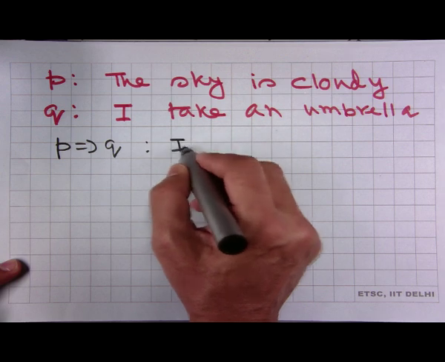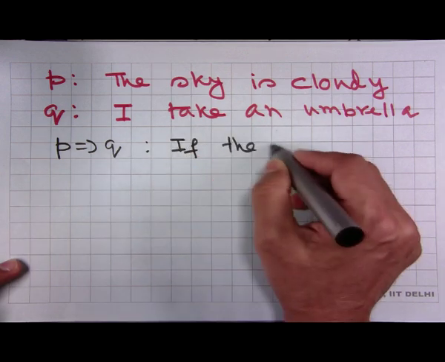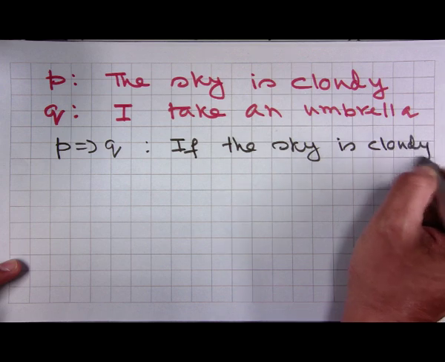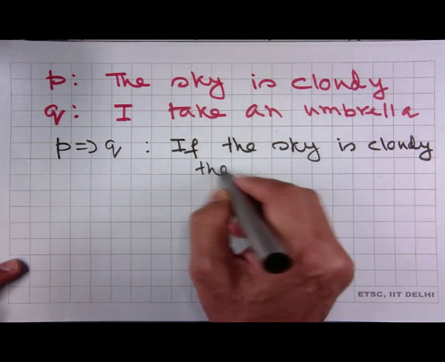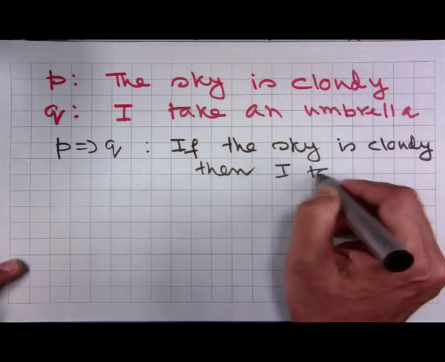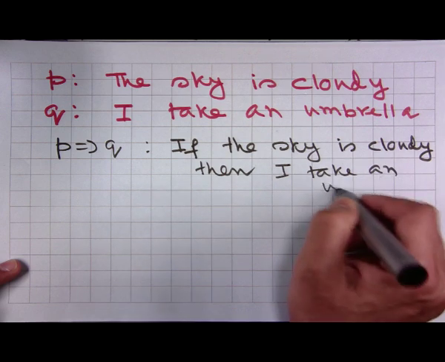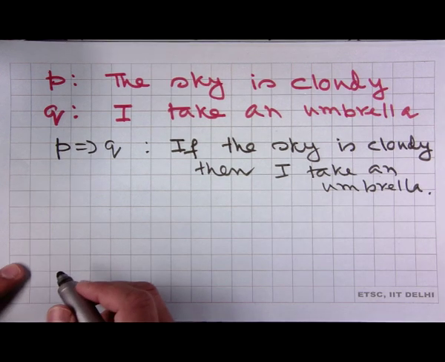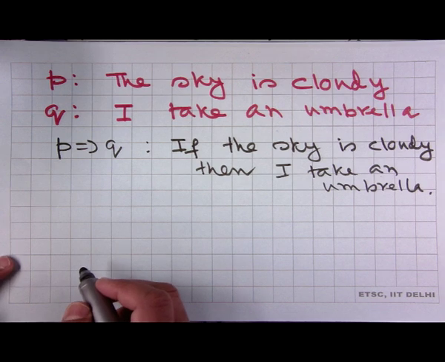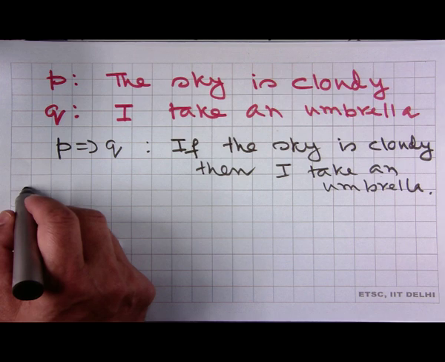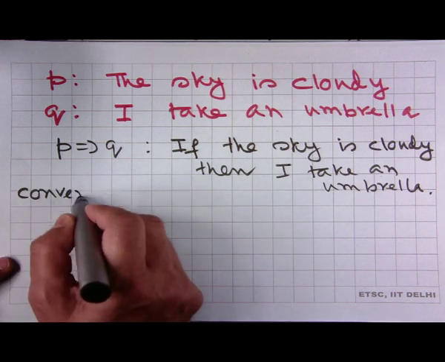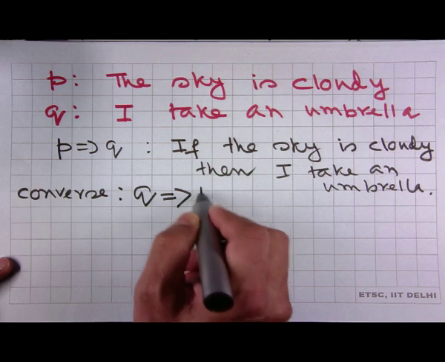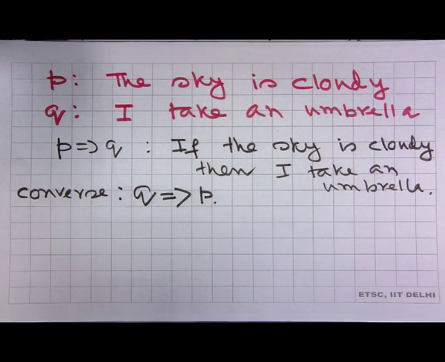If the sky is cloudy, then I take an umbrella. What does it mean? The converse is Q implies P, right?